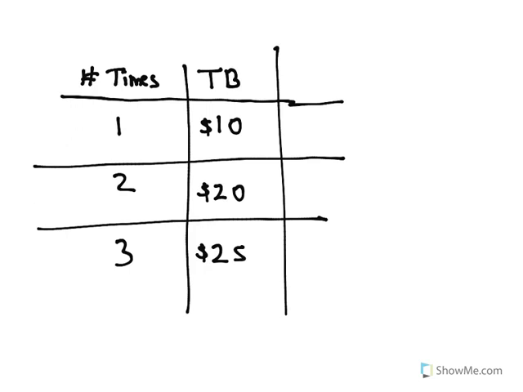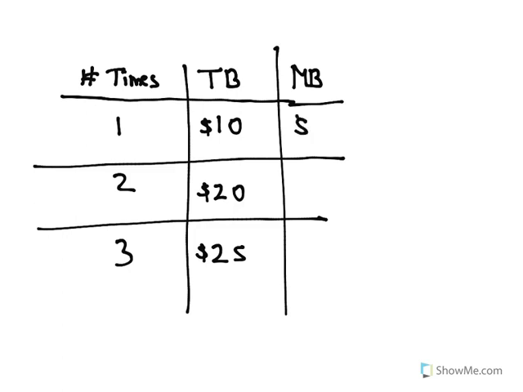So then it'll ask, okay, so what's the marginal benefit? So the marginal benefit is the change in total benefit. Remember, the marginal is always the change in the total. The marginal is always the change in the total, okay? So if I go from not doing the activity at all to doing it one time, what do I gain?